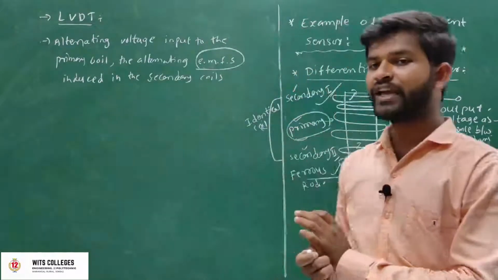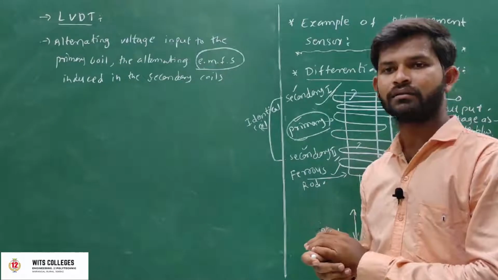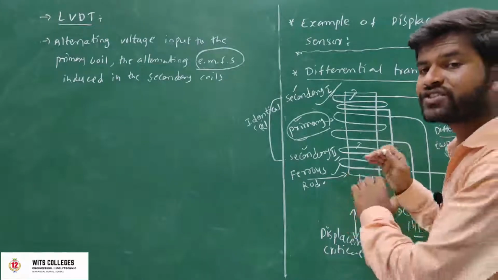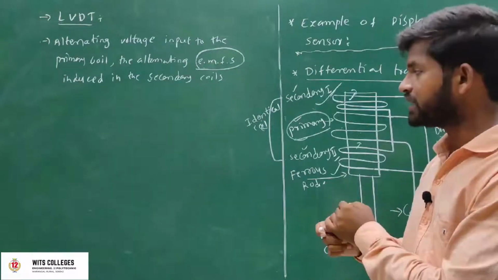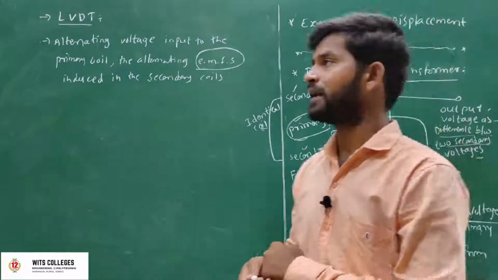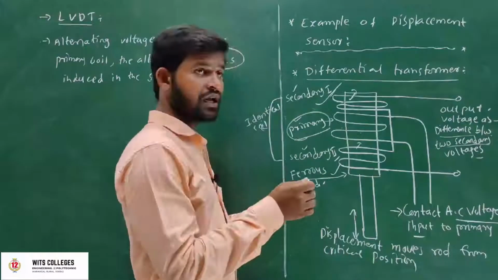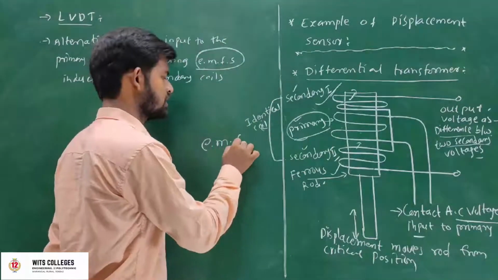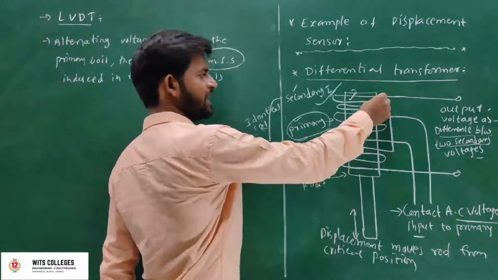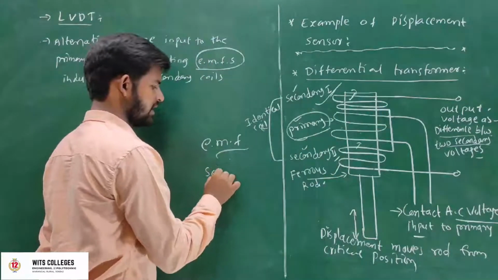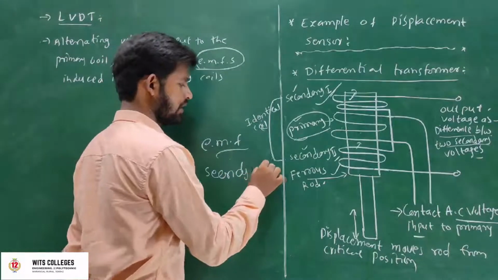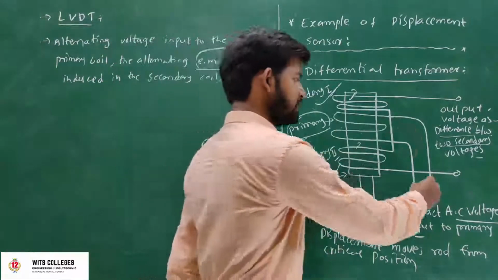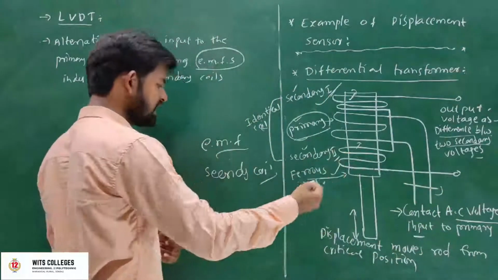The EMF is induced in the secondary coil by changing the current in the primary coil.